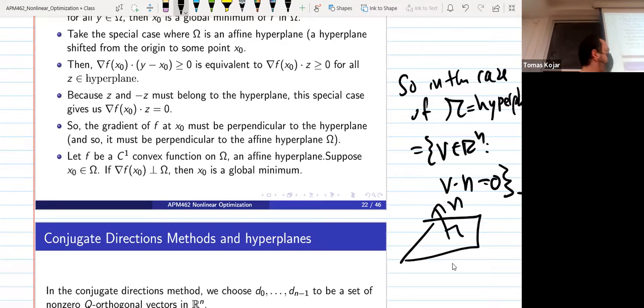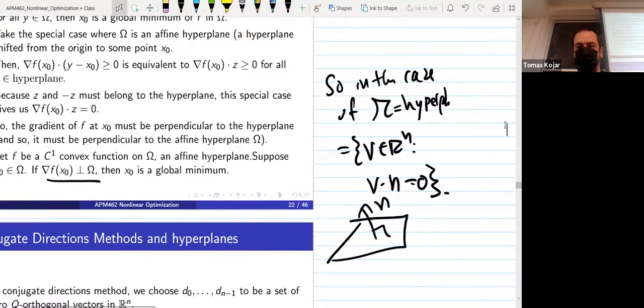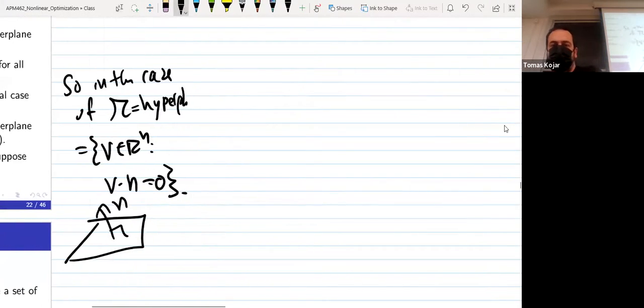So in this very specific case, if you want to find the minimizer, you just have to find the x naught who is normal to the hyperplane. And pictorially, it says something very simple.